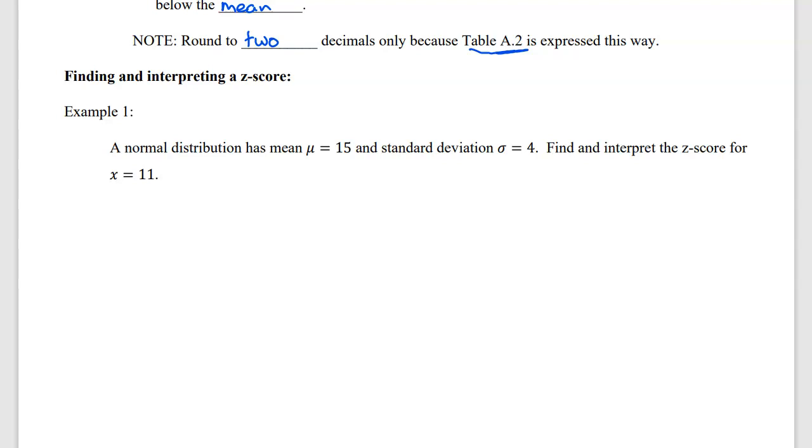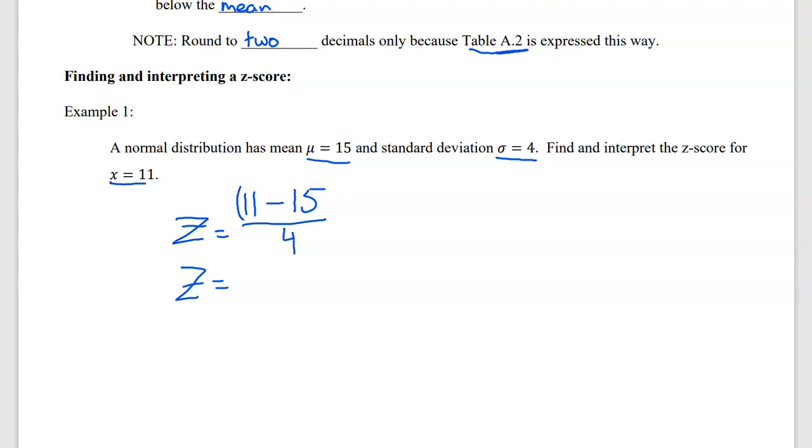So a normal distribution has a mean of 15 and a standard deviation of 4. Find and interpret the z-score for x being 11. So this is the value. So we need to find our z-score. So we have our value of 11 minus our mean of 15 divided by our standard deviation of 4. Yes, you can put this all in your calculator at once.